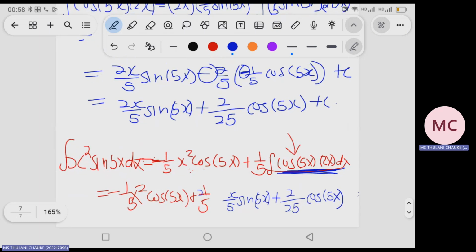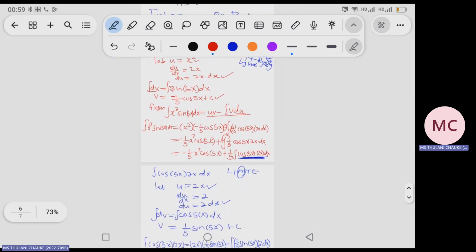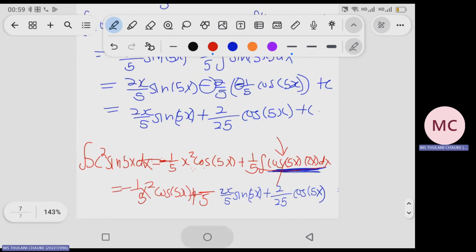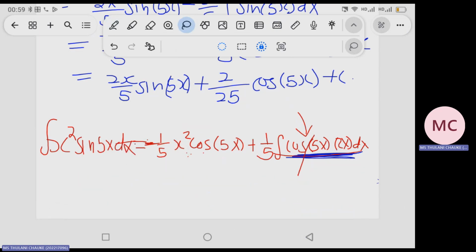Then we have a 2. And here we're having plus, this was what? 1/5. Yeah, we're having 1/5 multiplying everything there. So the only thing left would be to simplify that, no? So let's do that on the next page.